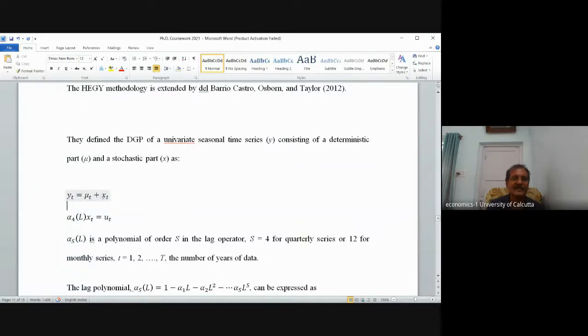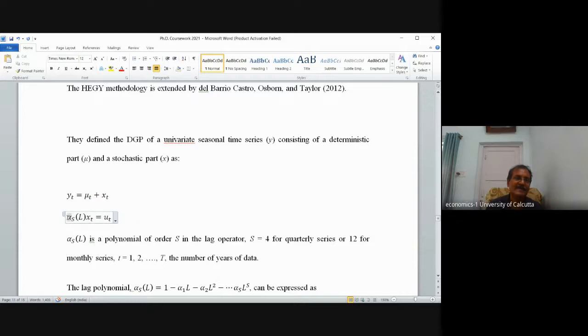Now in the stochastic part, xt, we introduce seasonal frequency. So xt is explained in terms of this. I have written here for quarterly, but you can write it in general: alpha s of L xt is equal to ut, where s is a seasonal frequency and L is the lag operator.